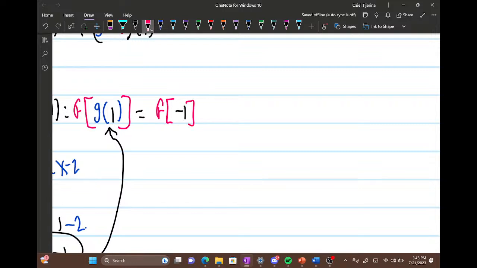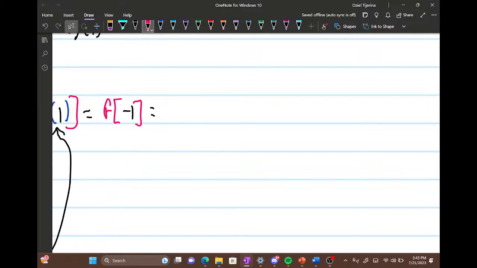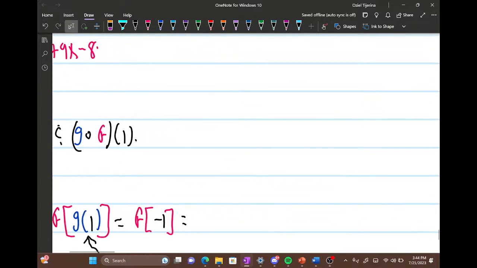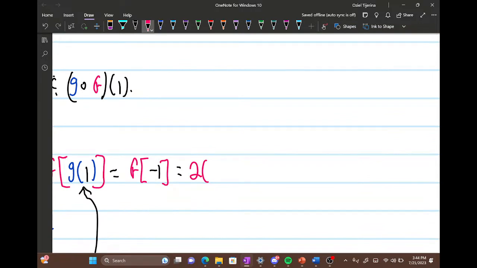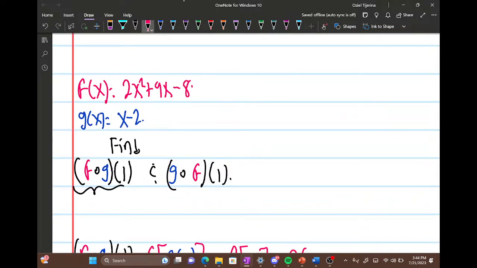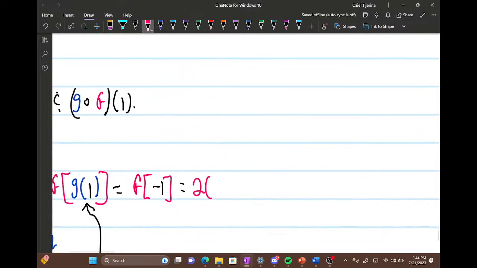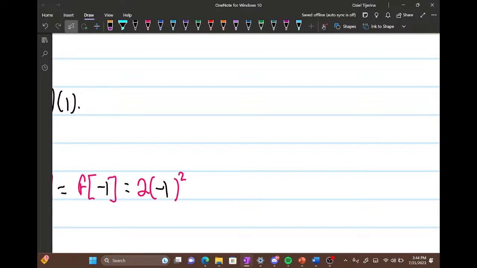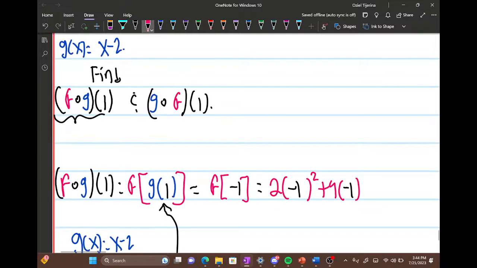And then finally we're going to do f of negative 1. Well, f of negative 1 is going to be 2 times negative 1 quantity squared, plus 9 times negative 1, and then minus 8.